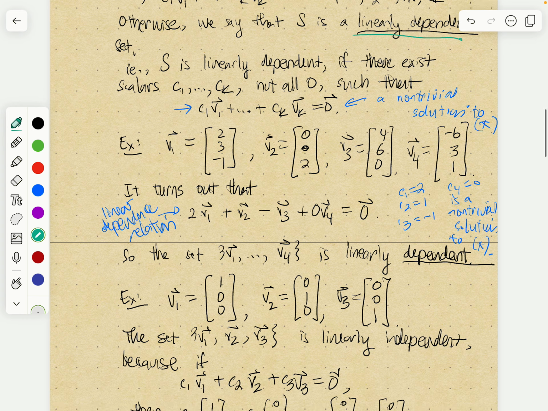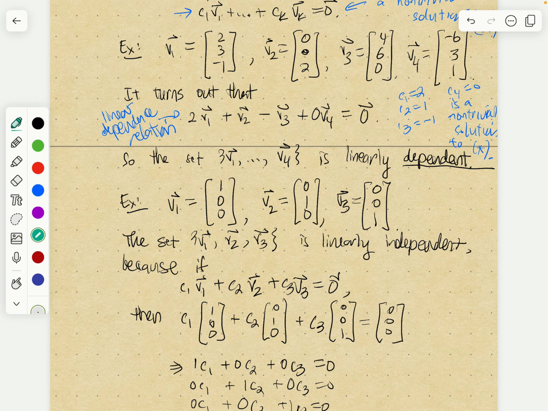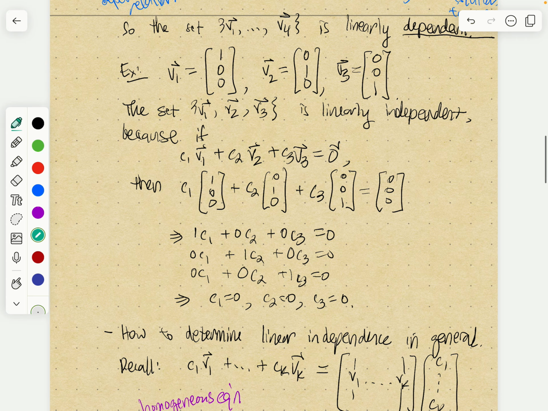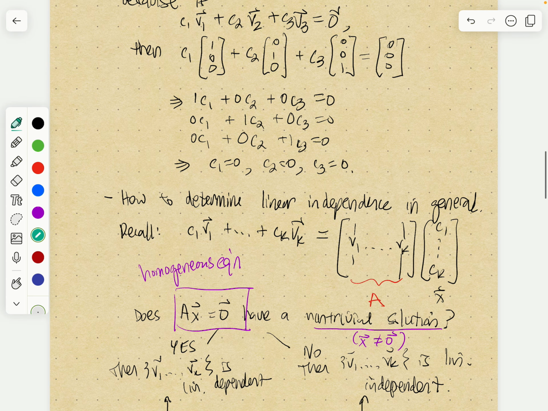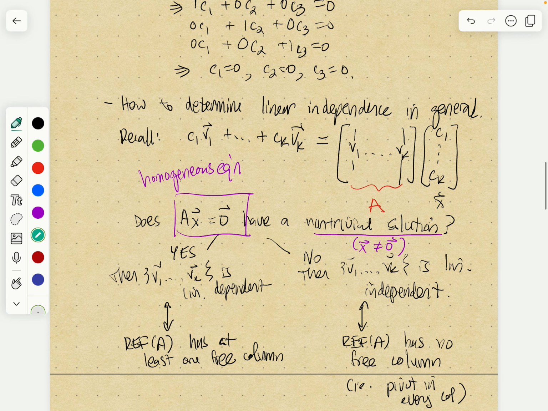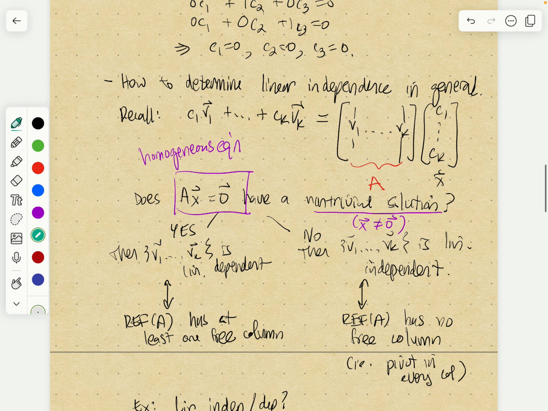We saw some examples, this first example, which is a set of dependent vectors, and this other example, which is independent. And we talked about how to determine linear independence in general, and the idea was that this general linear combination is what you get by taking this matrix A and multiplying by this vector C1 through Ck.